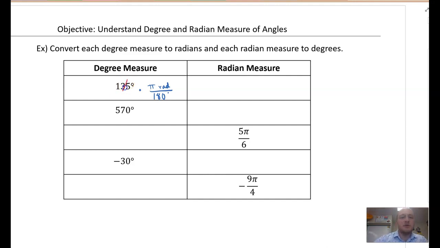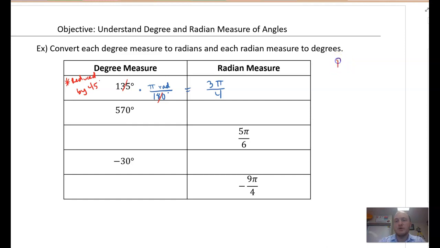I'm going to reduce by 45. Okay, so that leaves me with 3 pi over 4. And I'll just make a note here: reduced by 45.